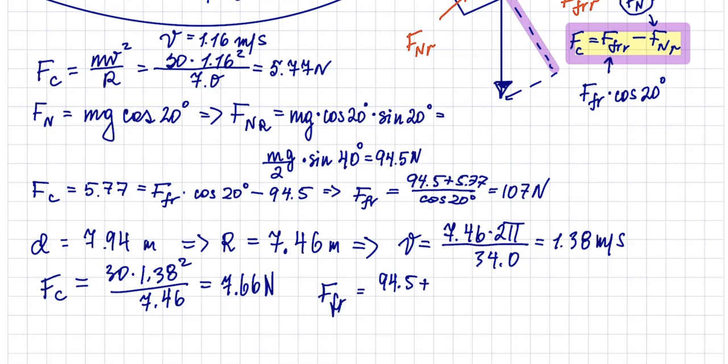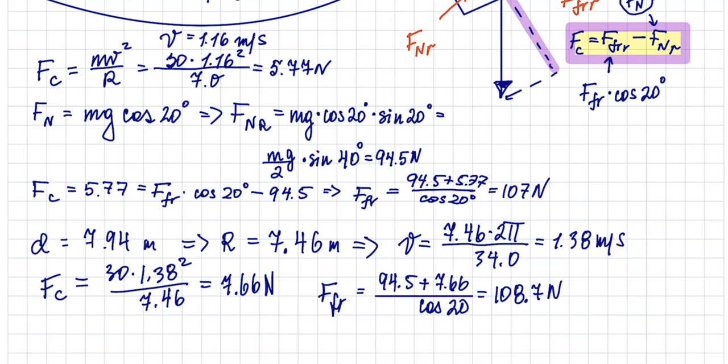Our new centripetal is 7.66 over cos of 20. That gives us 94.5 plus 7.66 divided by cos of 20 gets me 108.7 newtons. That's force of friction.